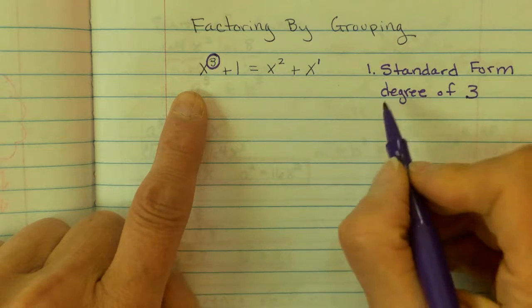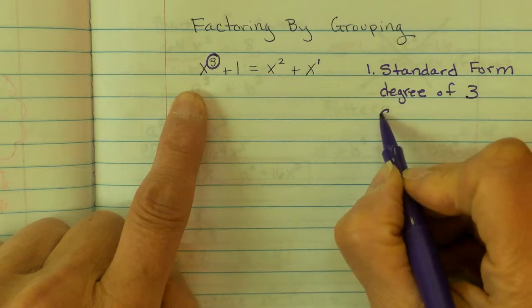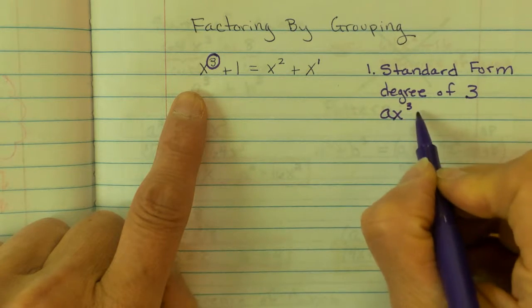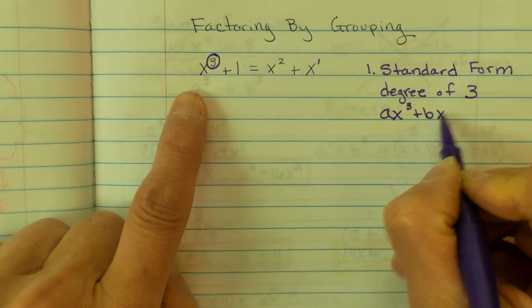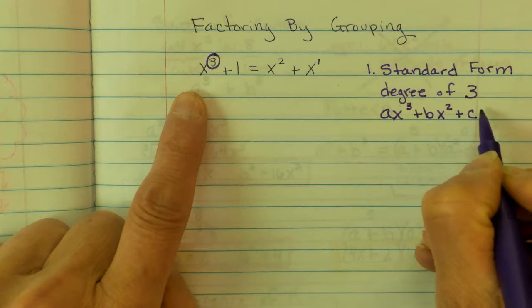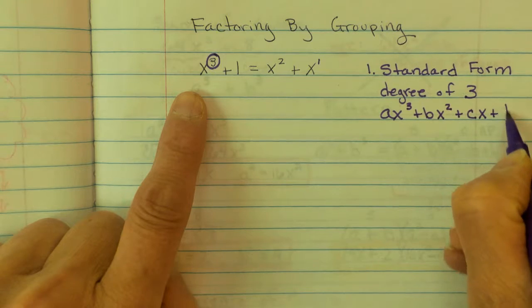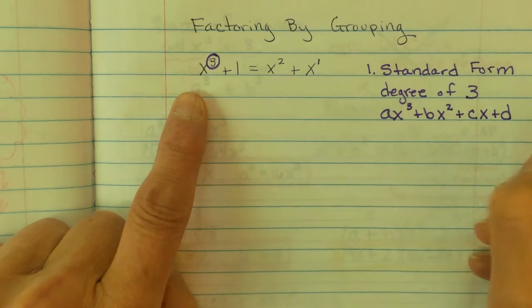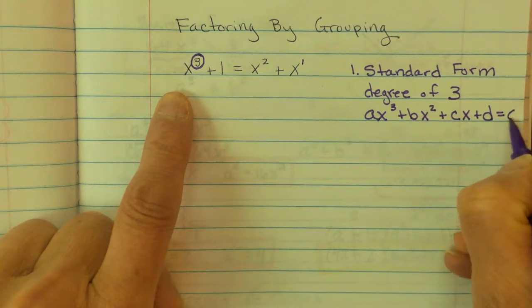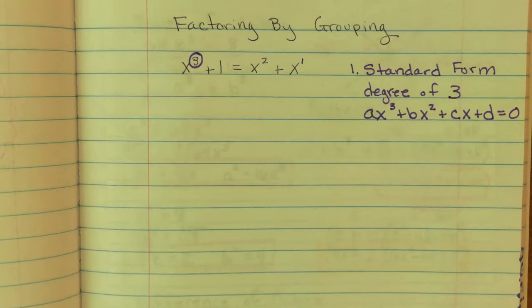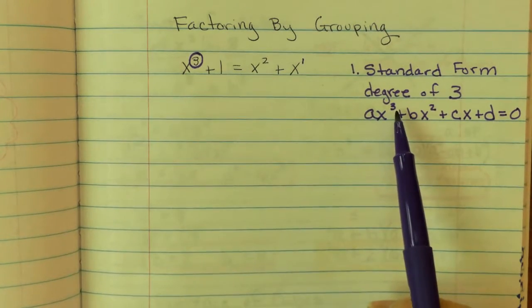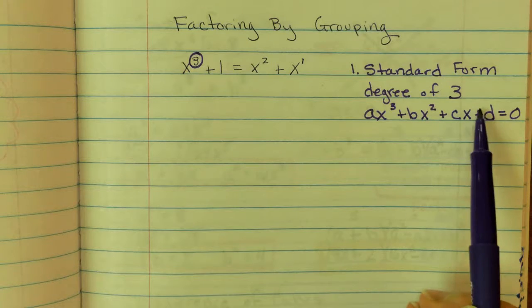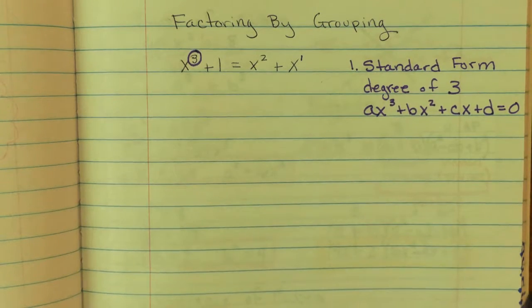So for a degree of 3, my standard form would be ax cubed plus bx squared plus cx plus d equals 0. Notice how my exponents go down: 3, 2, 1, none.